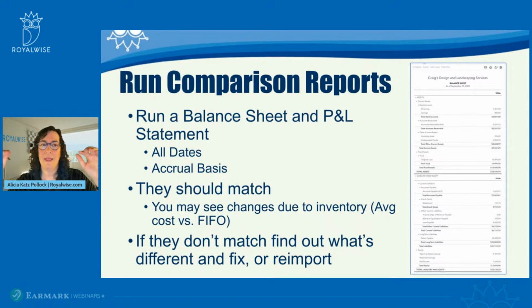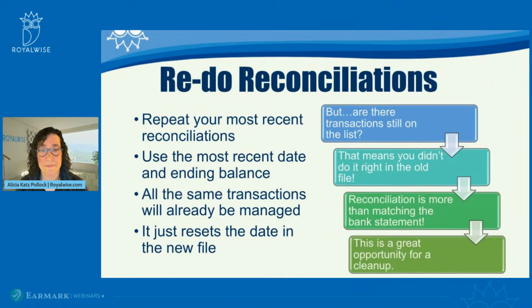So if you see that both reports are wrong, see if that's what it is and see if it's the same dollar amount that just moved from the balance sheet to the profit and loss or vice versa. Now, if you see something else that's different, then you need to do some digging around. And sometimes you might have to try the import twice. Usually it comes over just fine.